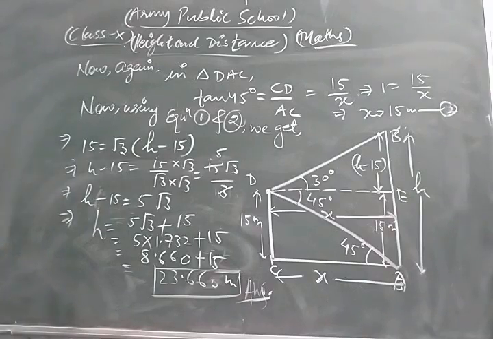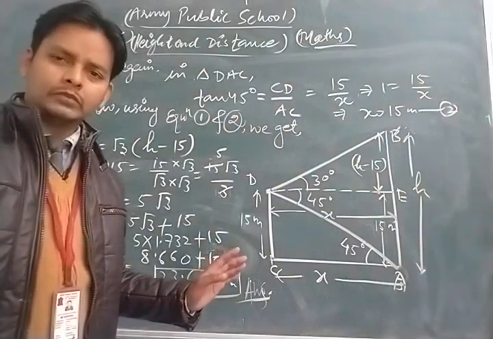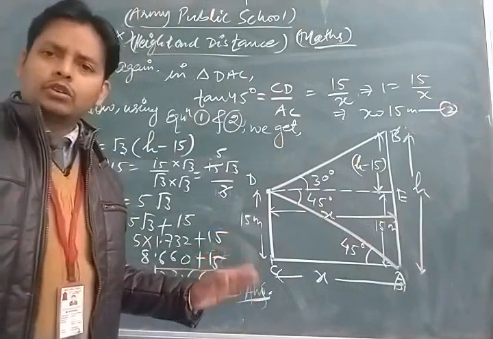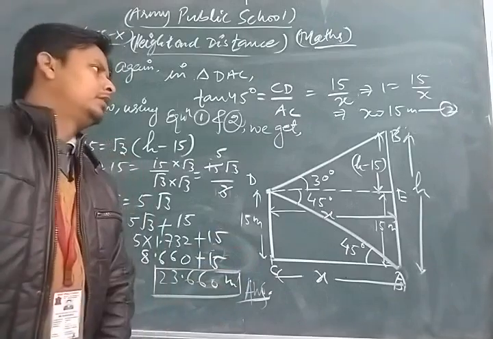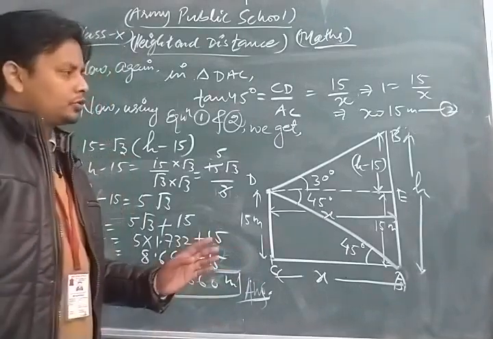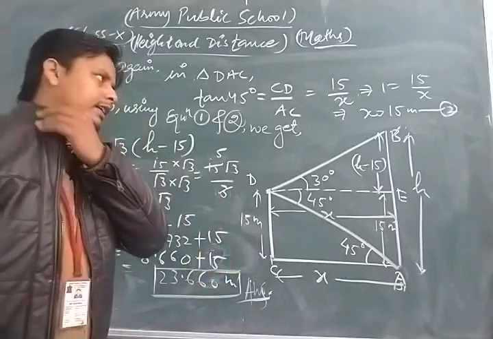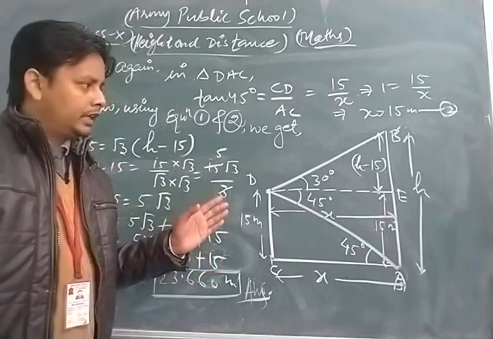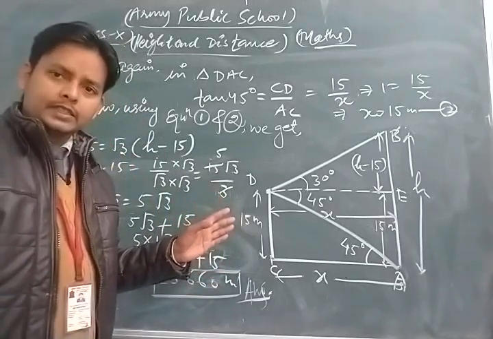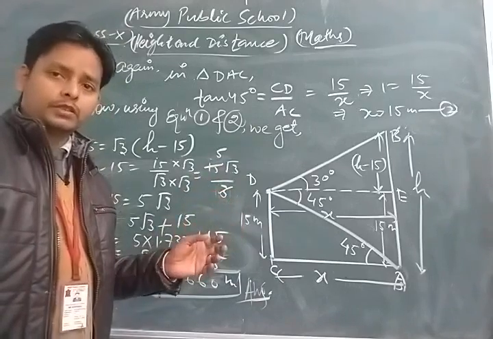Okay students, so in this way, dear student, you can solve this type of question. This is a very important question, and according to it, you can solve so many questions of your NCERT exercise based on height and distance. Dear student, do more and more practice of each and every question which we discuss in this class and also in previous classes.